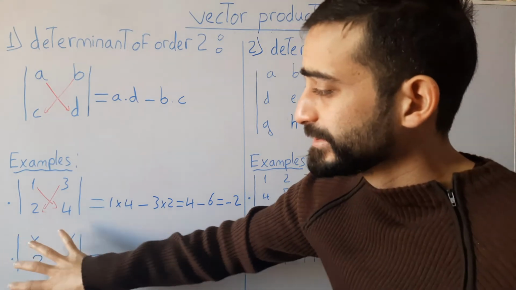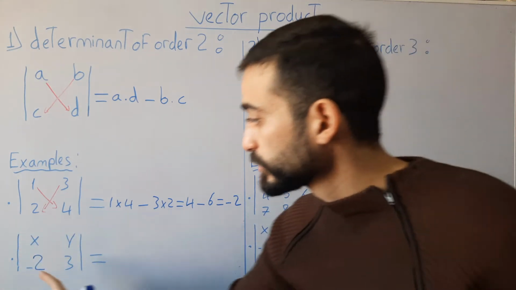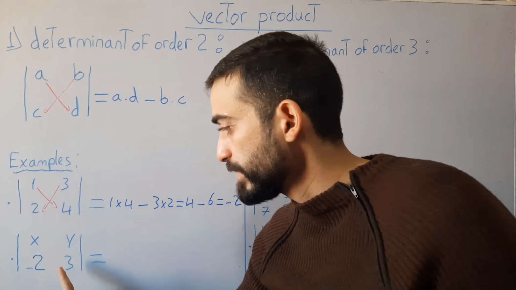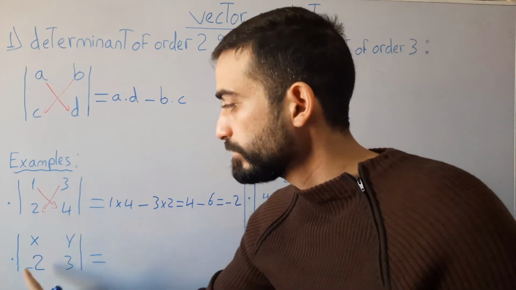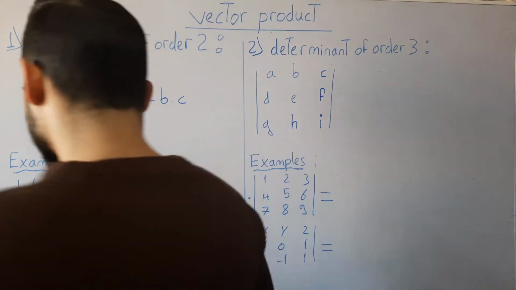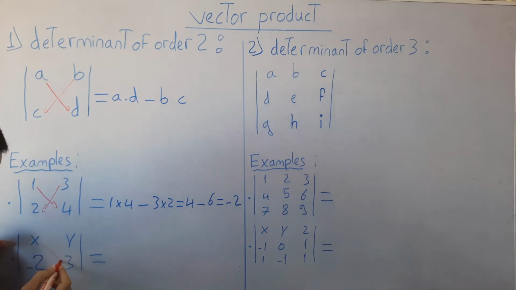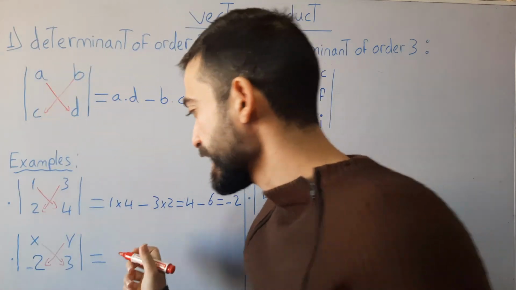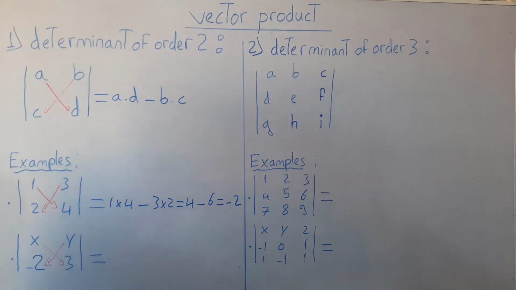To calculate the determinant of order 2, we multiply x by 3, y by minus 2. So, x times 3, 3x.